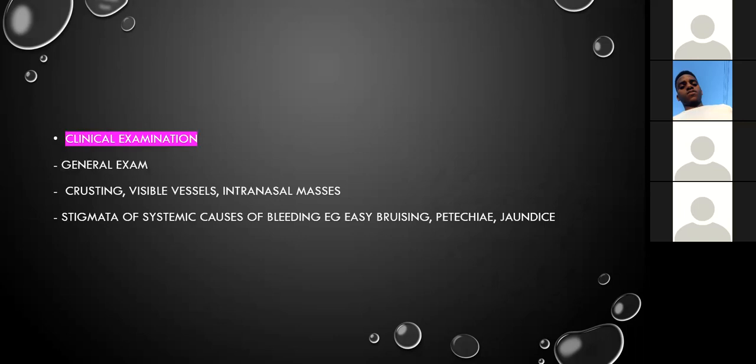So for your clinical examination, first and foremost, you're interested in the general exam. How is this patient presenting? Are they weak? Do they look normal and strong even before you touch them? Is the bleeding, what does it look like?